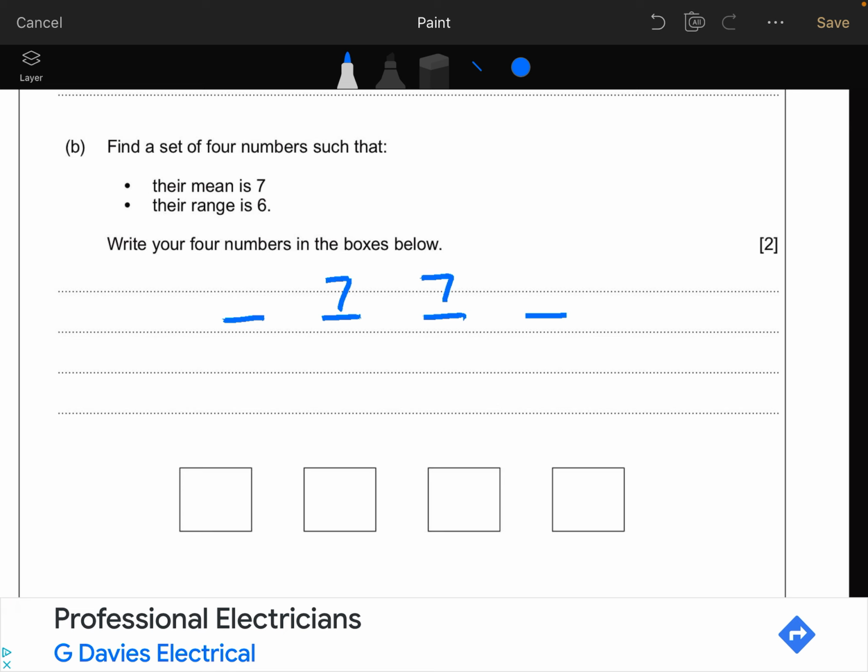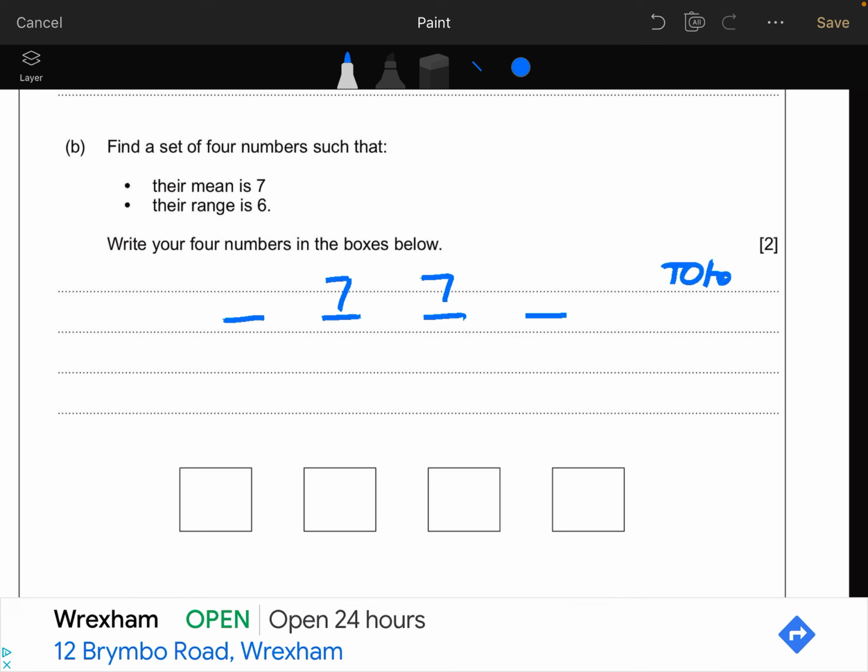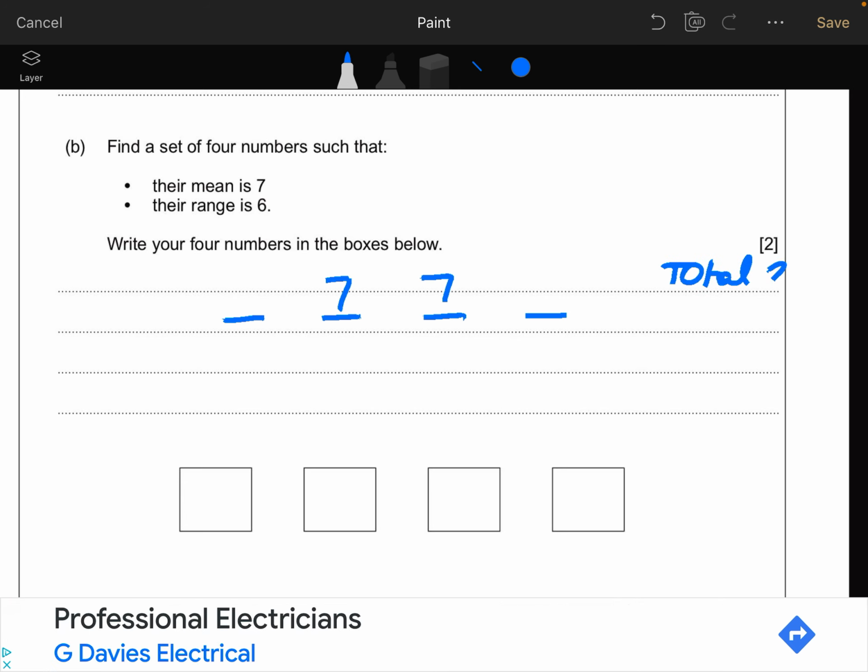Okay, now the range has to be 6. So if the mean is going to be 7, this has got to total, as we found out from before, 28. So we want 2 more numbers now, because we've got 14 here and here altogether. We need another 14 for the final 2 answers. Now they've got to be 6 apart. Half of 6 is 3, isn't it?